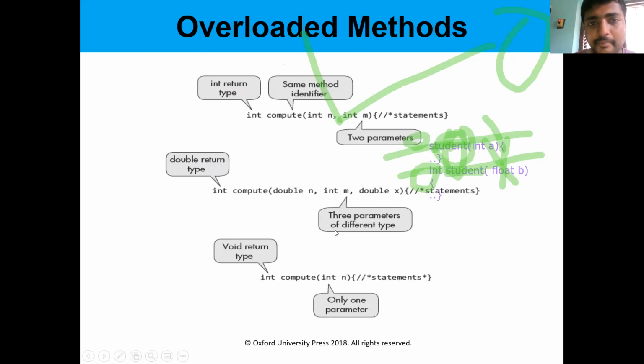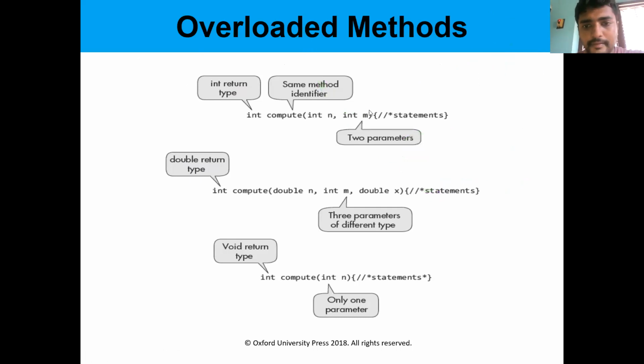See the example. Compute is a method and these are the parameters. The return type is the same, but the parameter list is different. Here we declare int values, here double values. So this is method overloading.